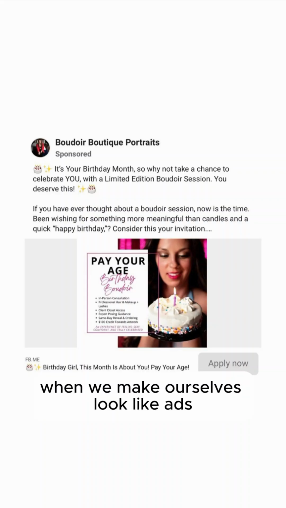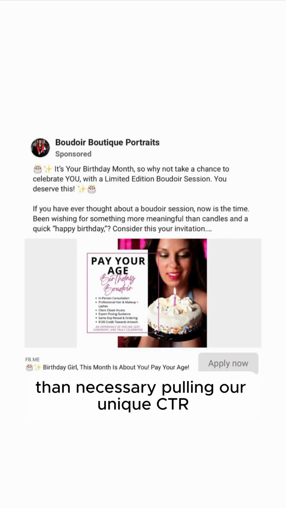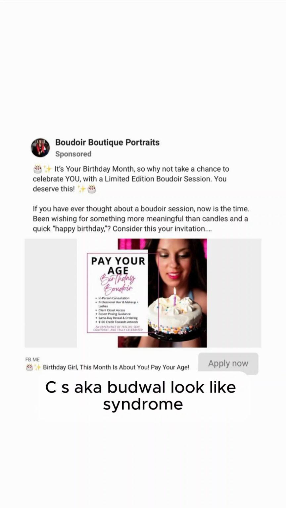The consequence of making ourselves look like ads is that way more women scroll by our ad than necessary, pulling our unique CTR under 6% and contributing to BLCS, aka Boudoir low click syndrome.